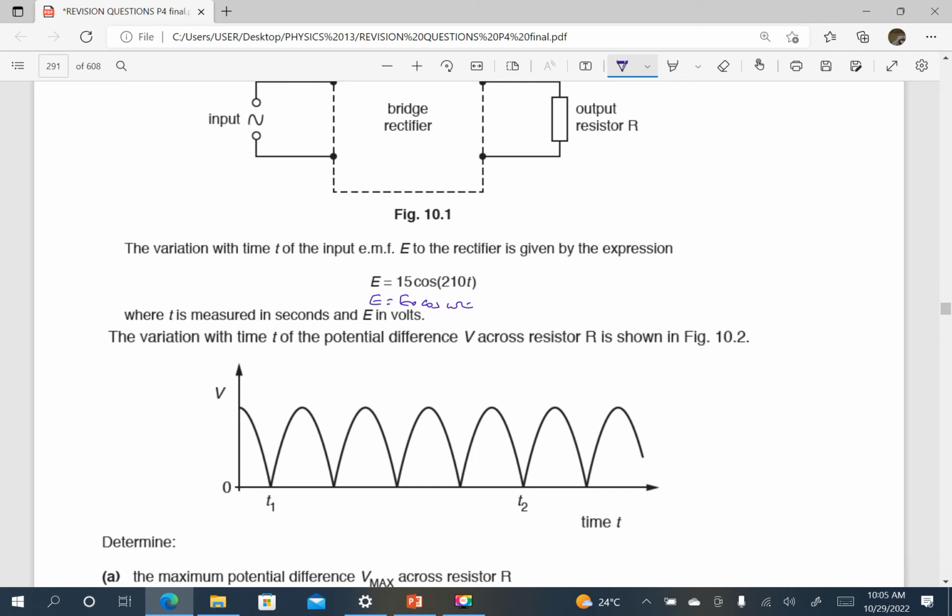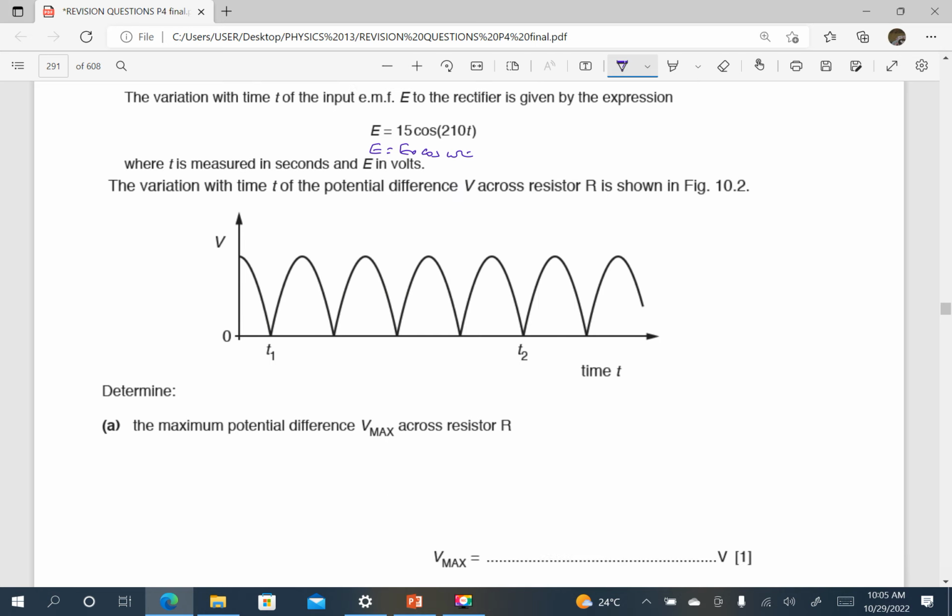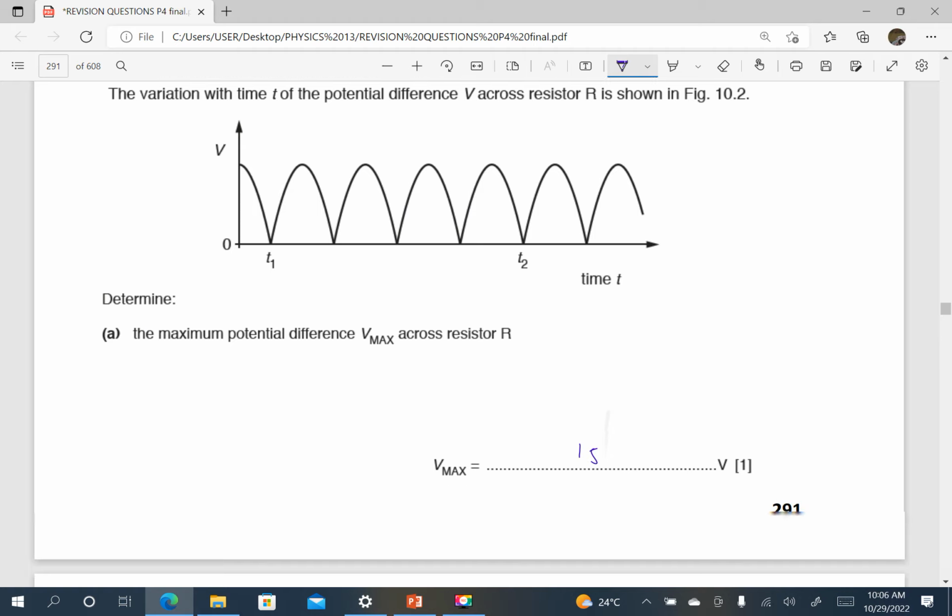The variation with the time t of the potential difference V across R is shown in the figure. Determine the maximum potential Vmax across R. When you compare, you see that E naught is 15, so Vmax is going to be 15 volts.